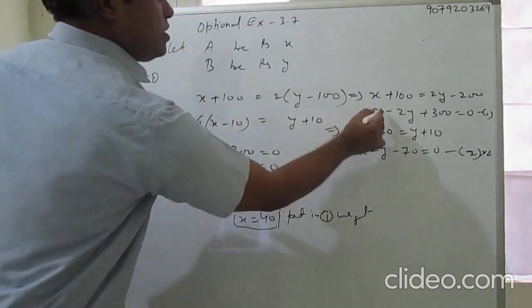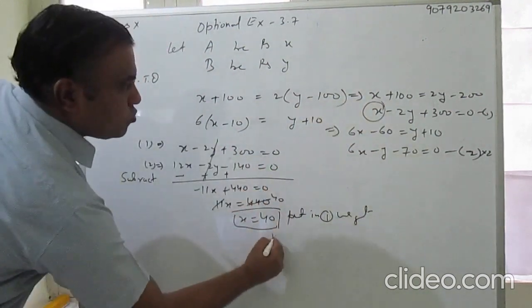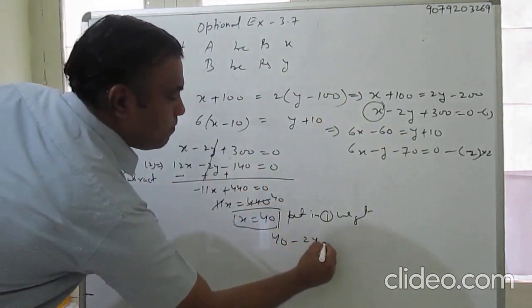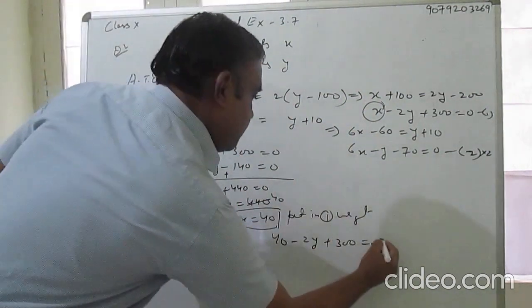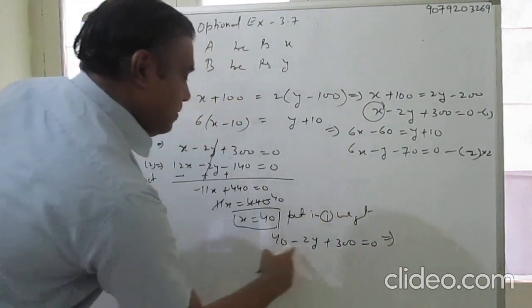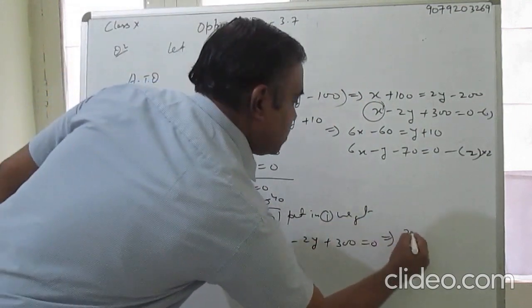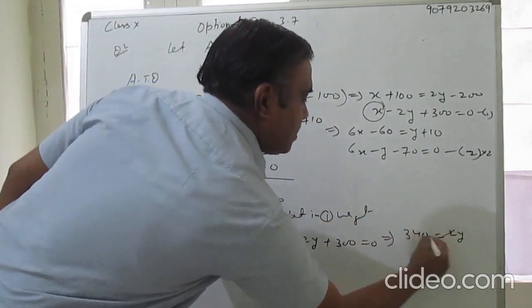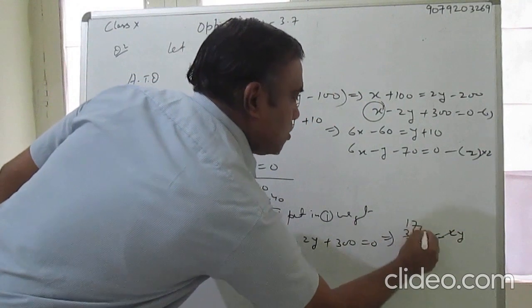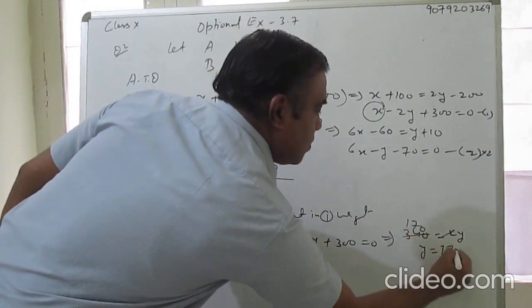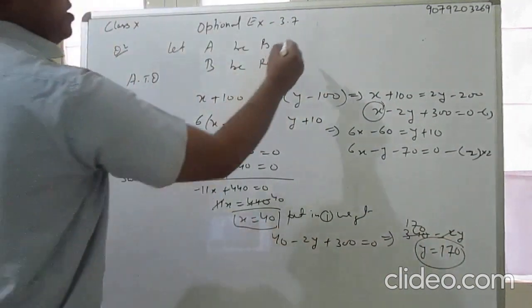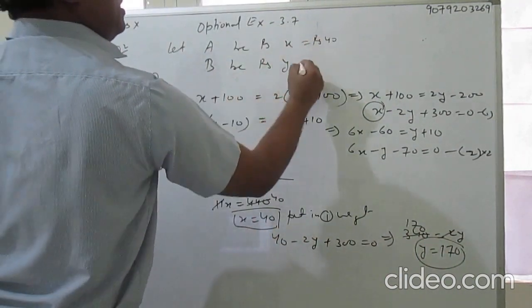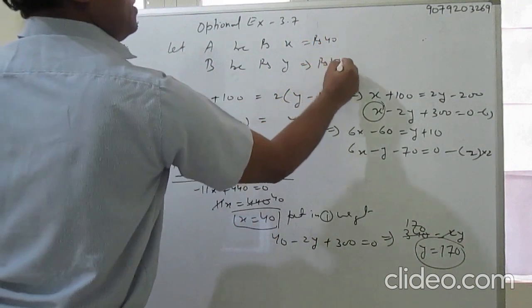If I put x is equal to 40, it becomes 40 minus 2y plus 300 is equal to 0. So 340 is equal to 2y, and y is equal to 170. So x is rupees 40 and y is rupees 170.